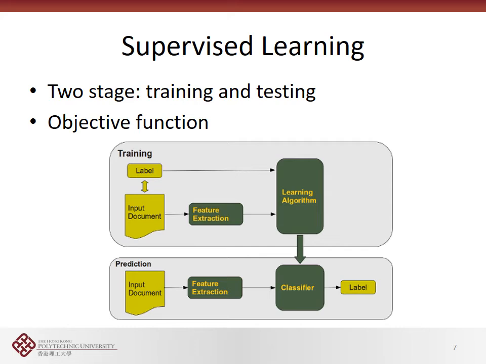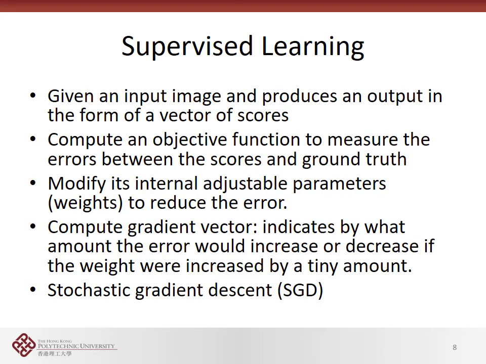So in the testing and prediction stage, we input an image without labels and give scores, and based on the scores, classify this image into different categories. This is the basic workflow of supervised learning methods.